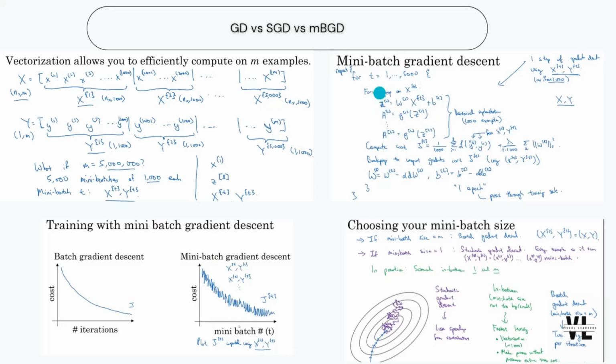Then after we perform the forward propagation, which we saw from our PyTorch workflow, we need to compute the cost J, and this is a cost function. And once we compute the loss, we need to perform the backward step and compute the gradient.